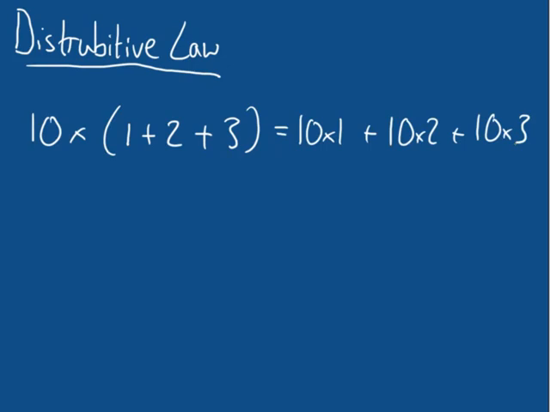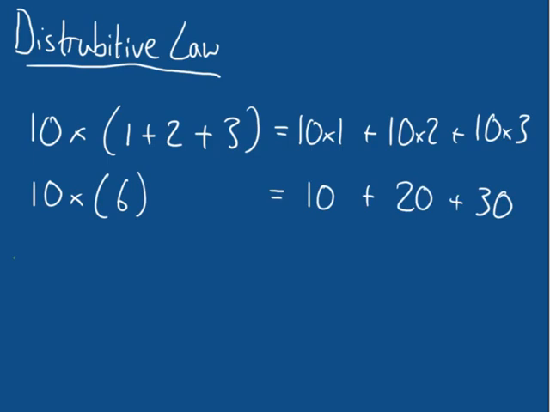And we can see that as we work through. So 10 times 1 plus 2 is 3, plus 3 is 6, so 10 times 6, and that's equal to, well, 10 times 1 is 10, plus 10 times 2 is 20, plus 10 times 3 is 30. We know 10 times 6 is 60. And I know that 10 plus 20 is 30, plus another 30 is 60. We can see that these are the same.